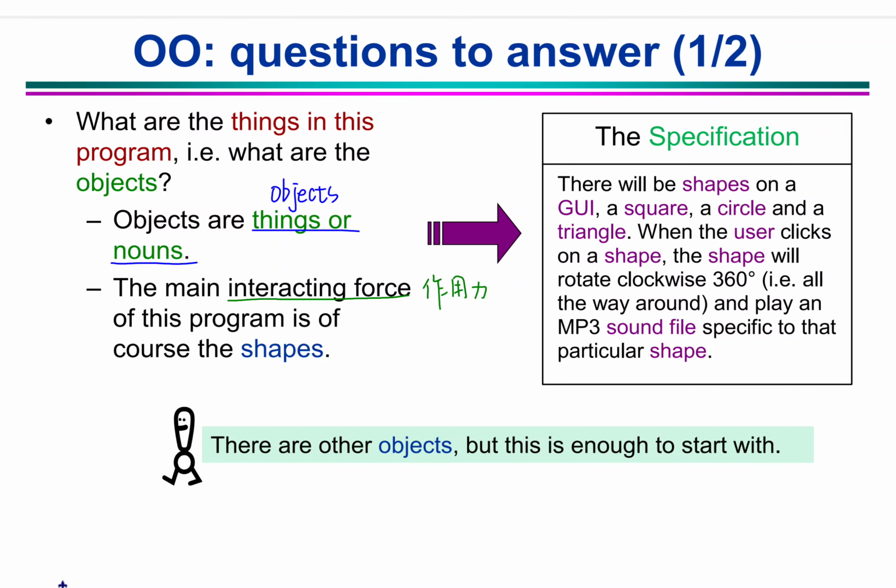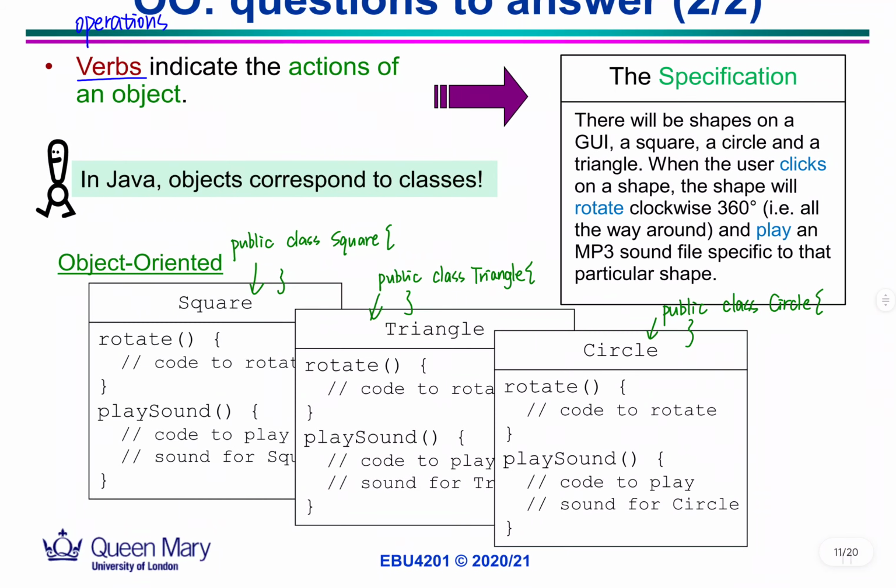And what are the things in this program? What are objects? Things or nouns. So here we go to this slide. Verbs indicate the action.